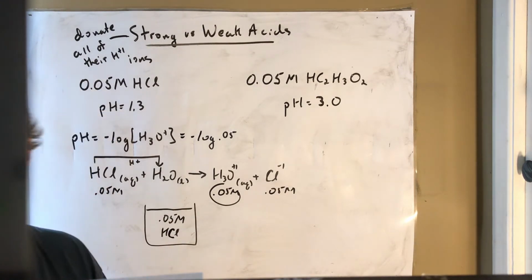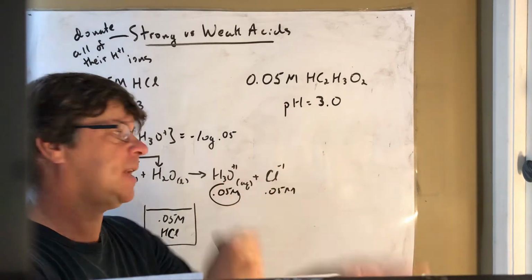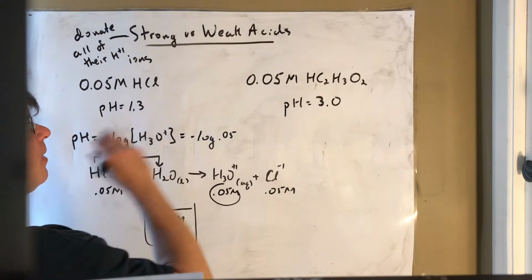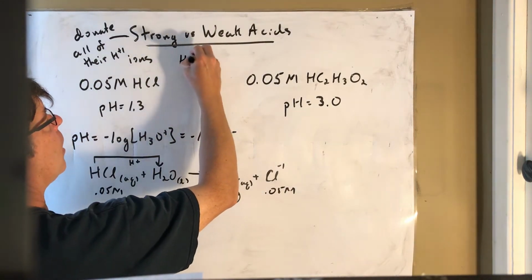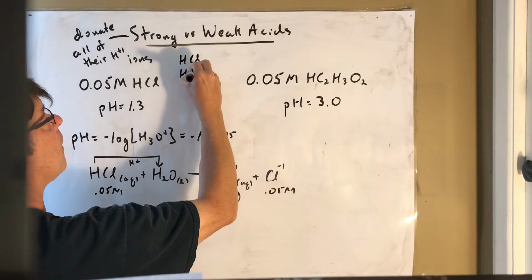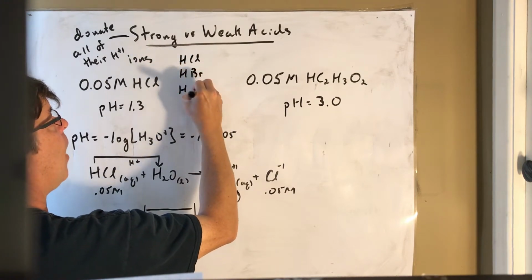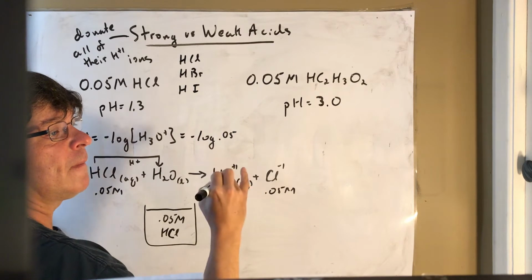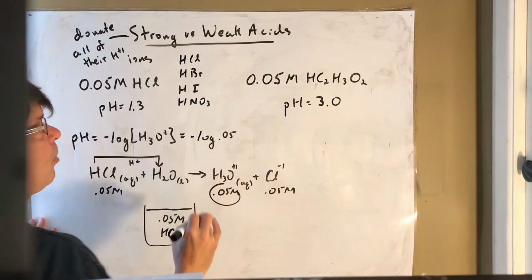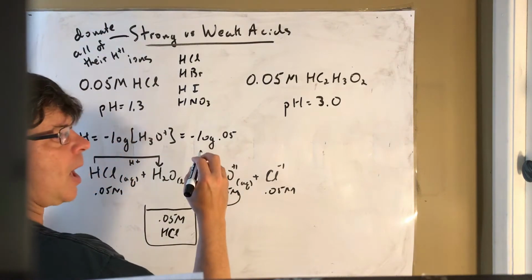So it's probably going to be important that we know what the strong acids are. There are 6 of them, the big 6 strong acids. Let me write these right here. We know it's hydrochloric, hydrobromic, hydroiodic. And then we know it's nitric acid. I think you probably would have guessed that. That's another common acid.